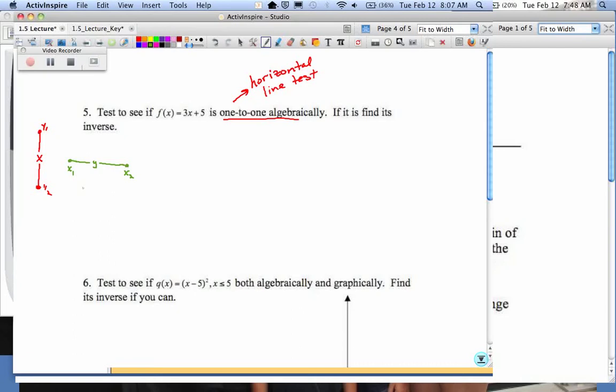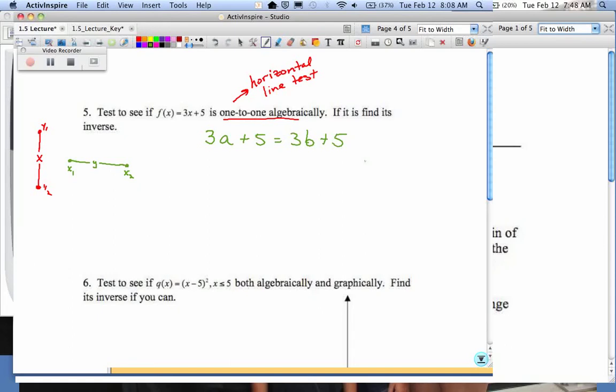You have to be able to prove whether something's one-to-one. To do that, you're going to set 3a plus 5 equal to 3b plus 5. By plugging in a and b, what am I implying? Mathematically, what am I implying?